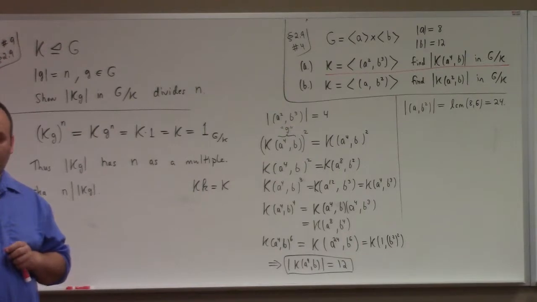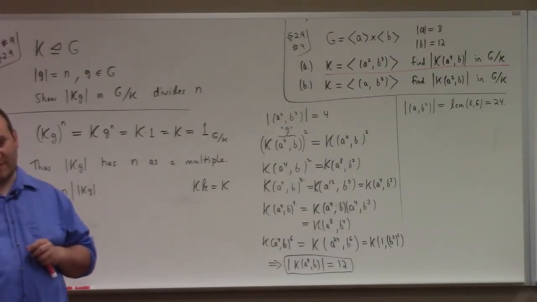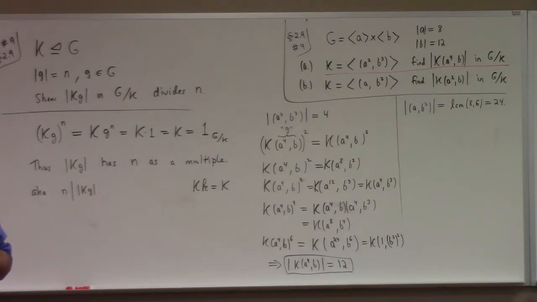If none of the powers of the representative, except of course the ultimate power, the order of the element, when that gets back to 1, 1, that's in K. That has to happen by the time you get to the order of the element in G; the representative must also go to the identity. But if all the powers of the representatives are not found in K, that means the order of the element in the quotient is the same as the order of its representative in G.